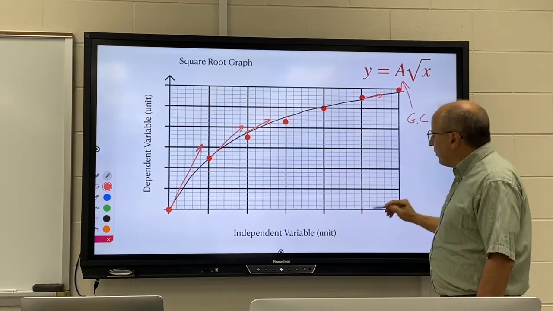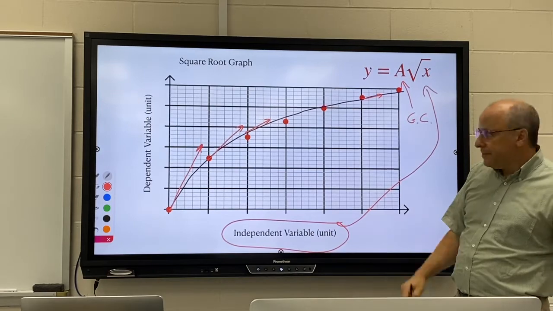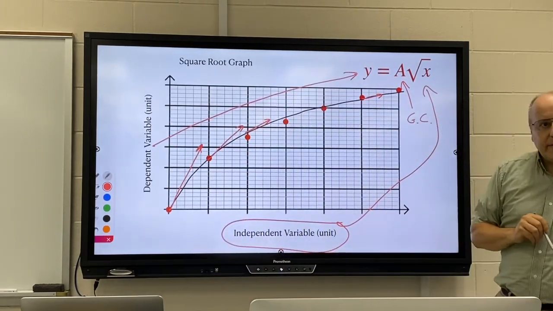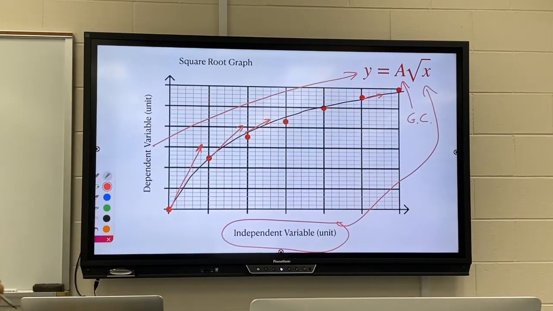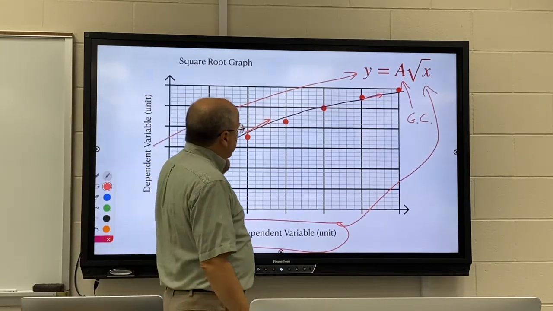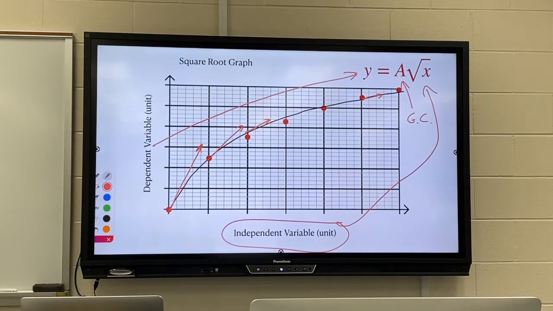You're taking the square root of whatever is here, so don't call it x, but call it whatever. And the y again, don't call it y, call it whatever's on the y-axis. Square root graph. Y gets bigger as x gets bigger, but it does so less and less quickly as you move to the right.